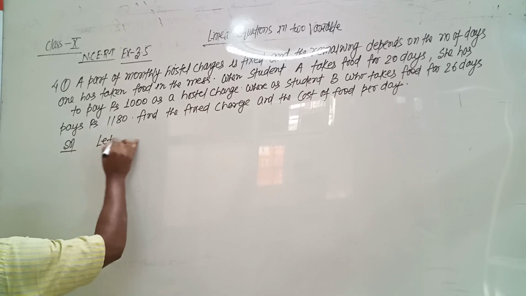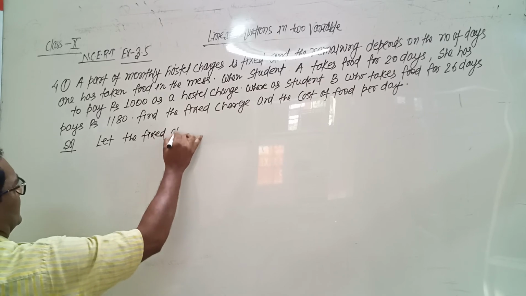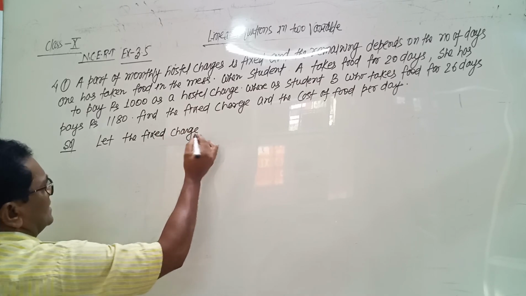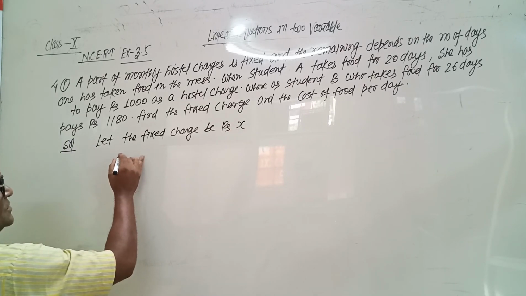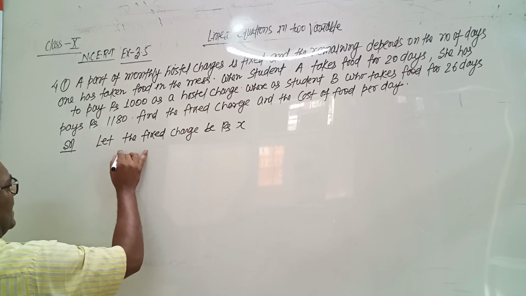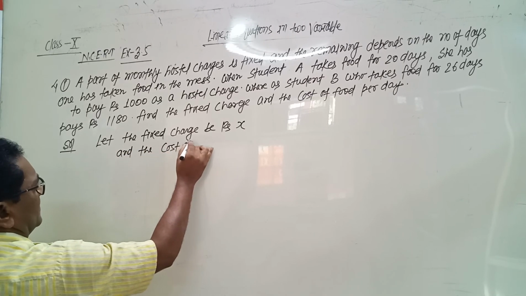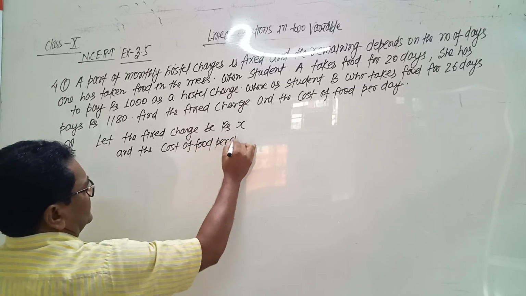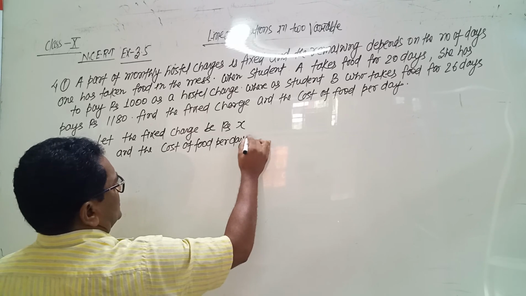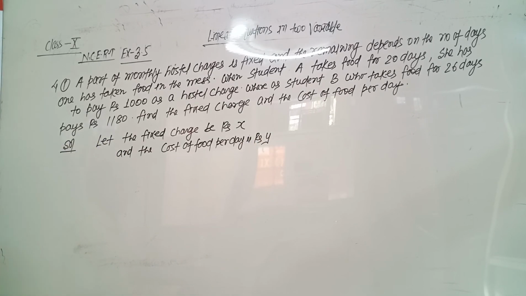So let the fixed charge be rupees X and the cost of food per day is rupees Y. So according to question, A takes food for 20 days.